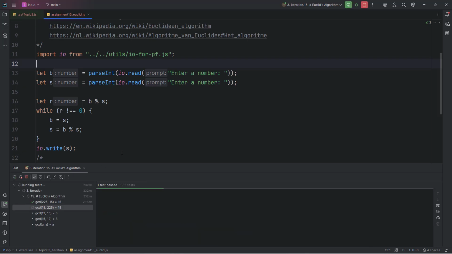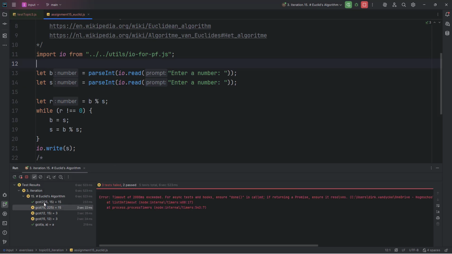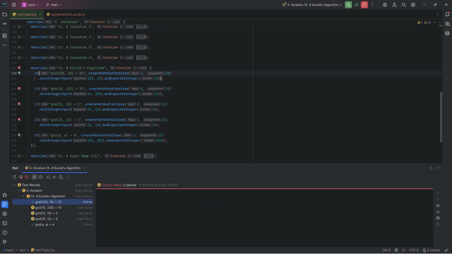So there we go. We have a little problem here. First one, however, works. Okay, and we have some timeouts now. So if we look at the tests, greatest common divisor of 225 and 15 is 15, and the other way around.